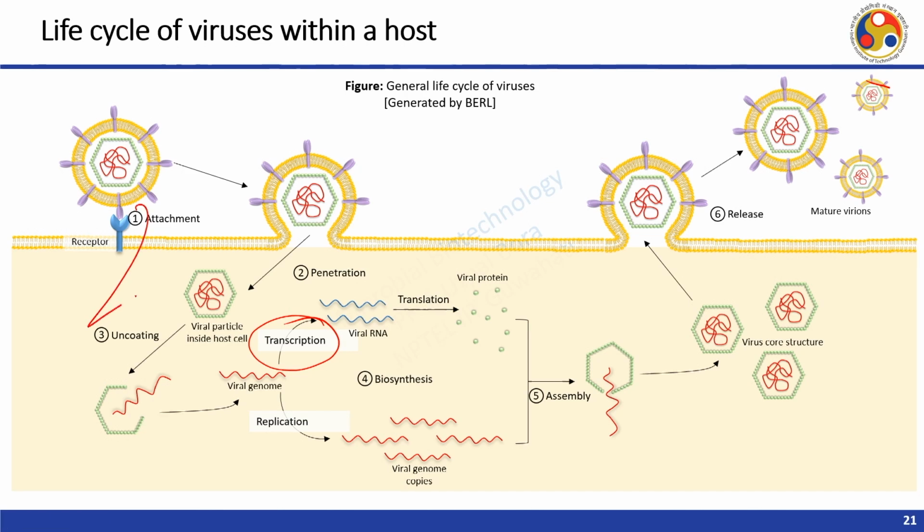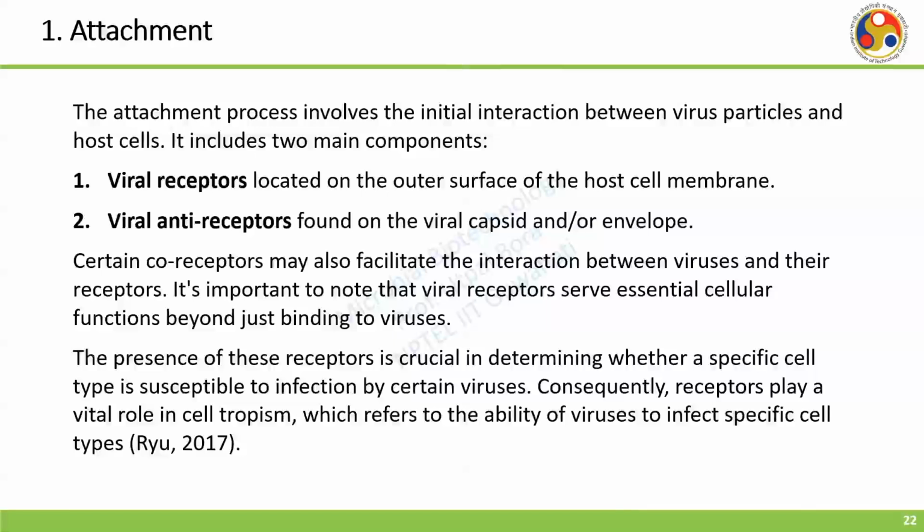So, from attachment to penetration to uncoating to biosynthesis to assembly to release, we consider as the life cycle of a virus overall. So, a little bit of detail regarding these various stages of the life cycle.